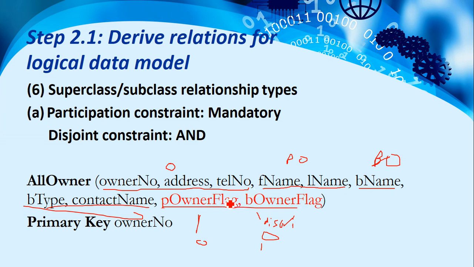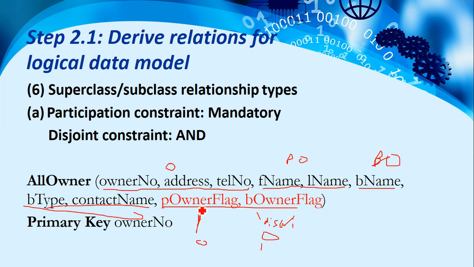Pwedeng integer, pwedeng boolean, pwedeng character. Yung inano ko dito, yung 1, 0, this is example ko lang to. No? Basta yung point ko lang dito is kung alin dito, since for example lang na itong owner tsaka business owner integer, I will implement this as an integer. So yung values nito is either 1 and 0.